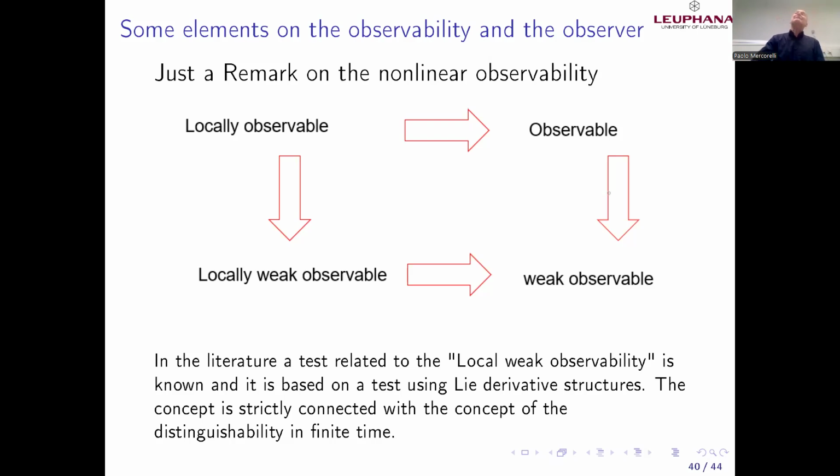Of course, this is the strongest concept, because is it enough to move a little bit around my working point to have observability in the large? Why? Because if I am able to estimate moving just a little bit around the point, it's clear that this includes also moving far away. I don't know if it's clear. If I move a little bit, I assume that I can estimate what I want, and it's clear that I can estimate also moving far away.